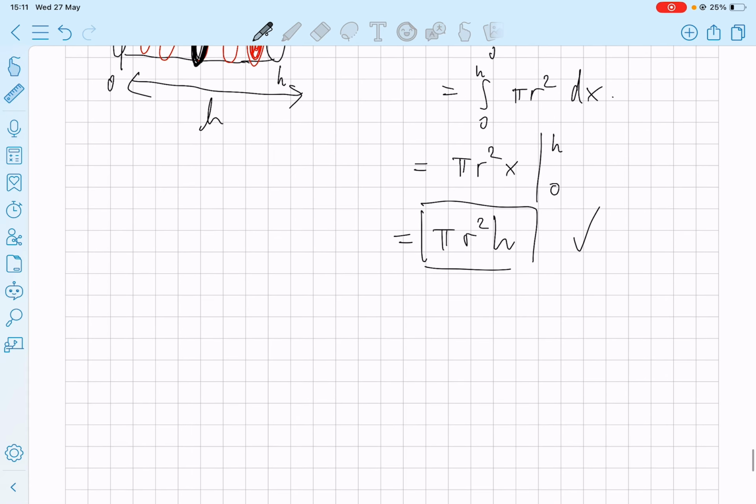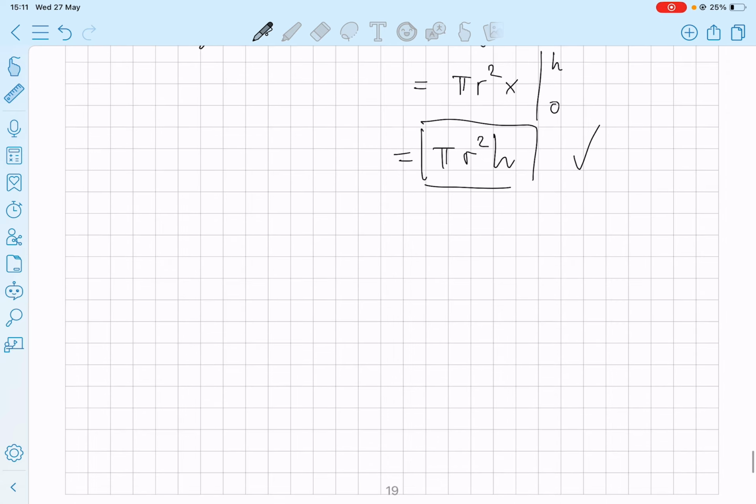So now we're moving on to another technique to find volumes, and it is called the washer method.